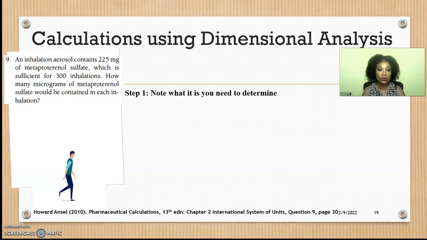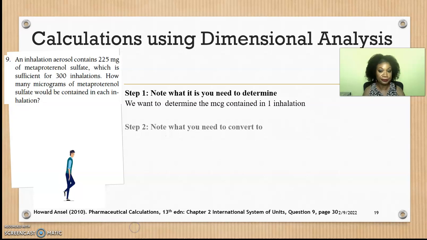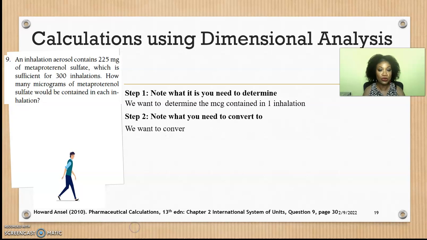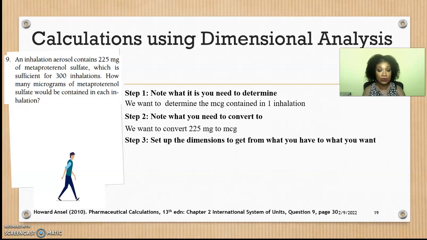So you note what it is that we need to determine. We need to determine the amount of micrograms per one inhalation. We also need to note what you need to convert. So we need to convert 225 milligrams to micrograms. And we have to now set up the dimensions to get from what you have to what you want.